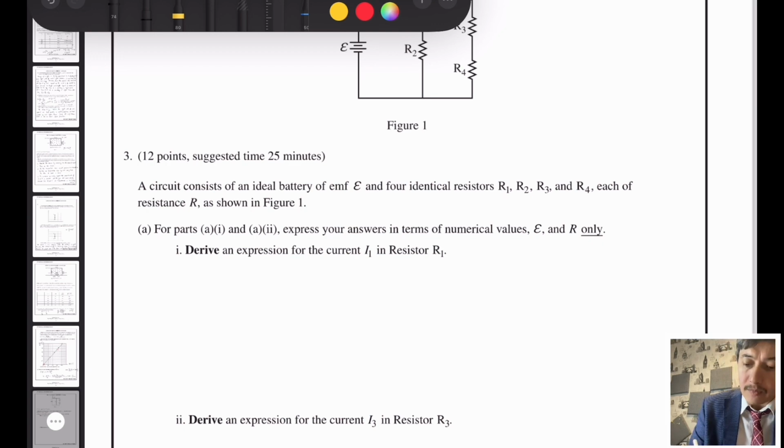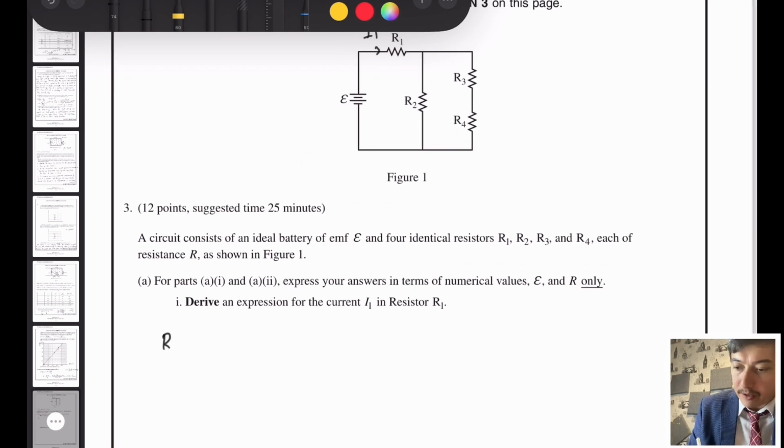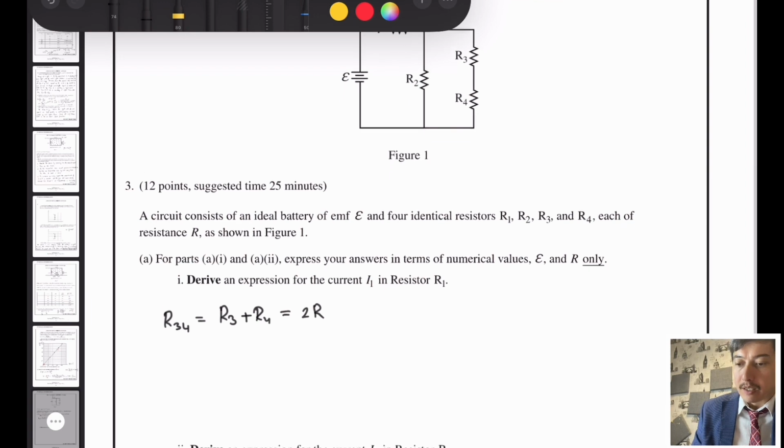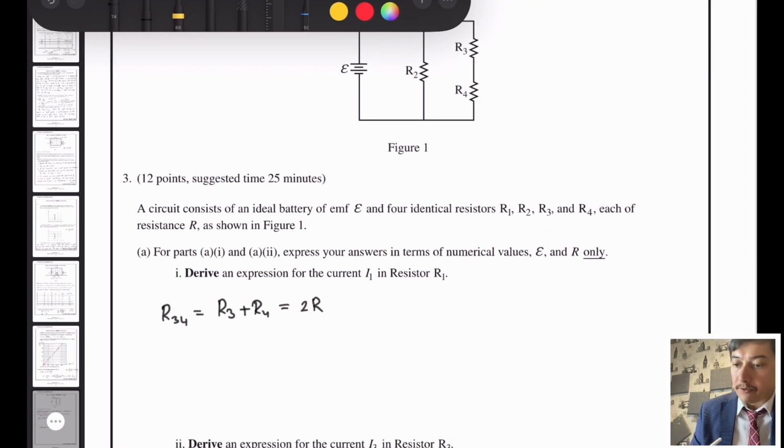law. So let's start with equivalent resistance of R3 and R4. Because they are in series, we just add them up. R3 plus R4 is 2R, because each one is R. Now R3 and 4 are parallel to R2. So equivalent resistance of R2, 3, 4 is going to be equal to 1 over R2 plus 1 over R3,4, to the power of minus 1.